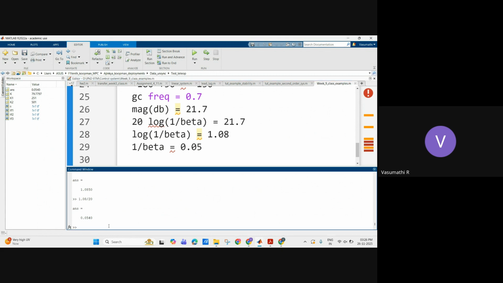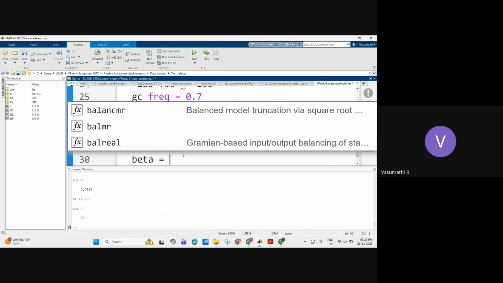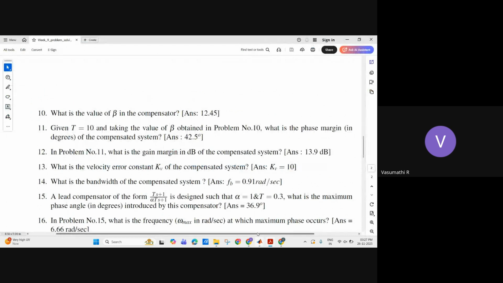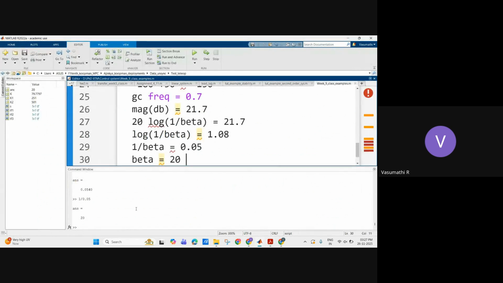Then beta is equal to 1 by 0.05, it's 20. Beta is equal to 20. I think that's correct. No, why? Where did I make a mistake? Whatever we found is correct, right? It's 10 power log. Did I find 10 power somewhere?